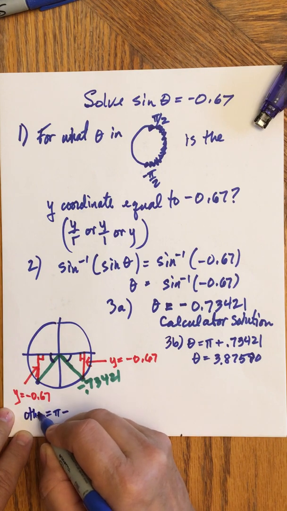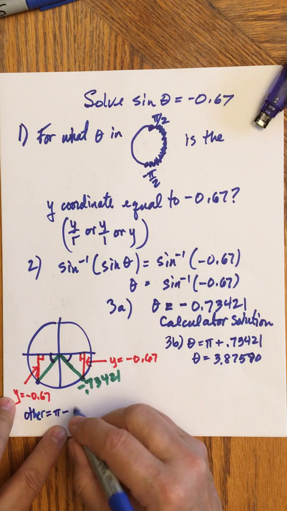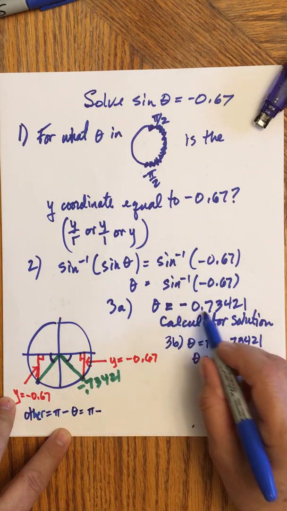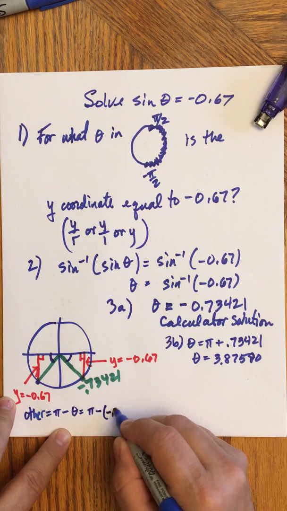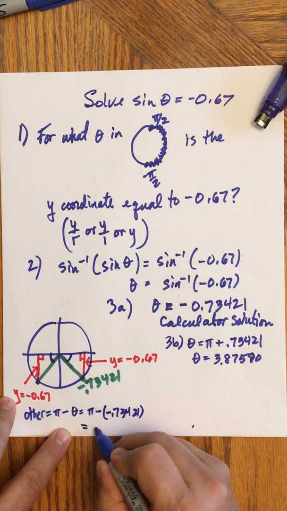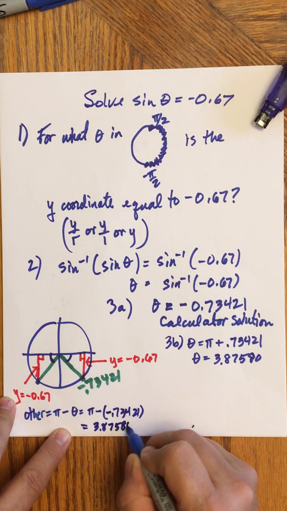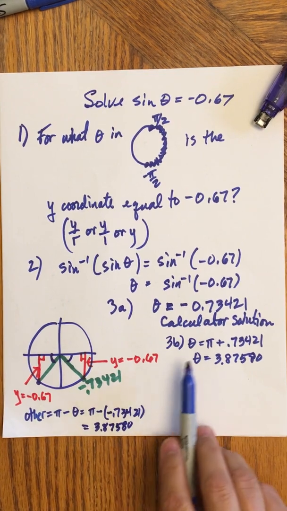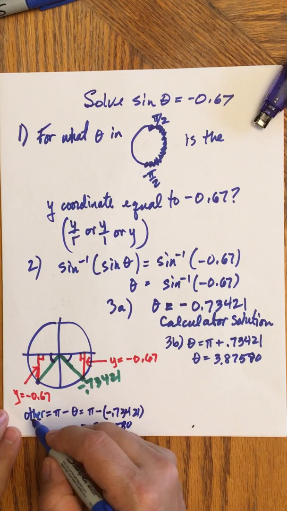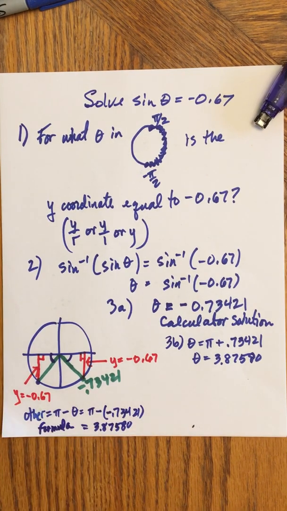So I'm just showing you how to get to this same answer, but using the formula pi minus theta, but that's going to be pi minus, and then you'd have the theta, it's just negative 0.73421, and so you'd have equals 3.87580. So either way, whether you usually do it visually or you use the formula, you get to the same answer.